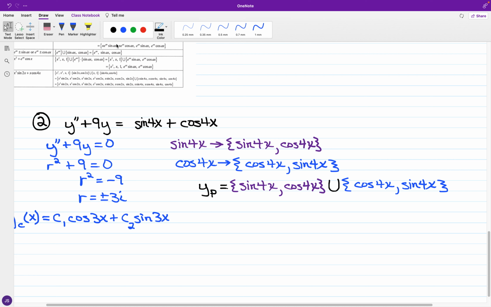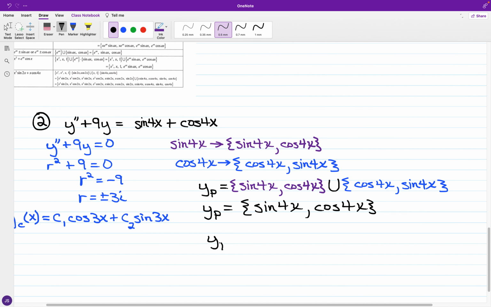If you notice, we don't have any new elements to add to the first set, because you have sine and cosine just revolving and repeating. So in the family of derivatives we have just sine of 4x and the cosine of 4x, and anytime you have elements repeating, you just need to put them down only once. So we've got sine of 4x, cosine of 4x.